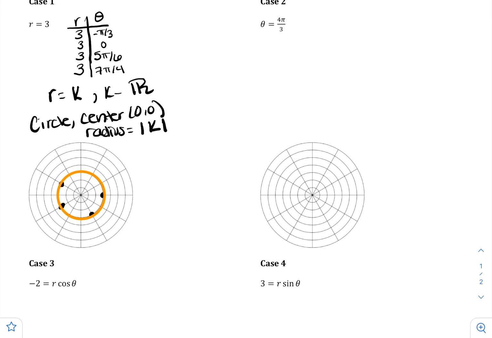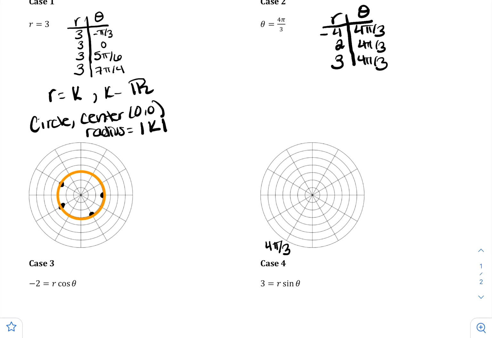Case 2 now is that theta is there and r is not there, which means that r could be -4, r could be 2, r could be 3, and theta is always going to be 4 pi over 3. So 4 pi over 3 is the angle in quadrant 3.